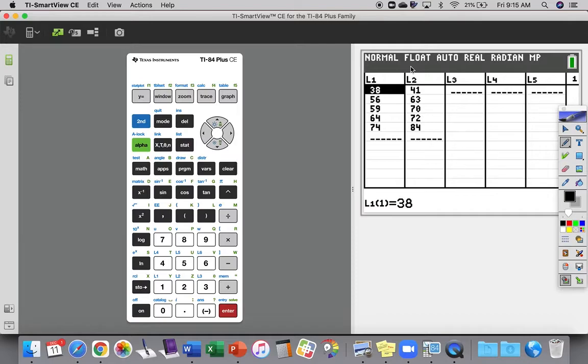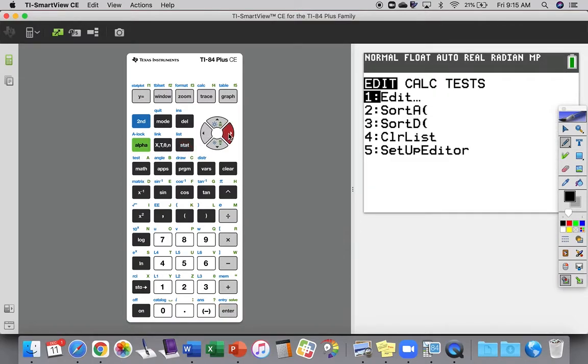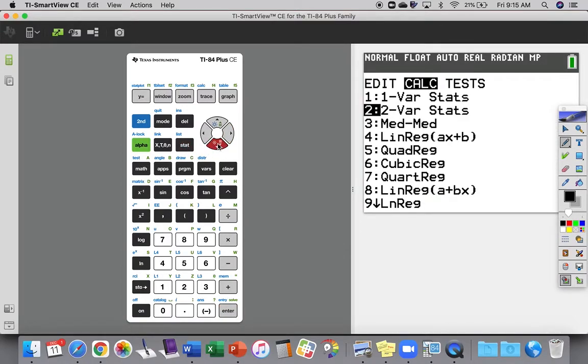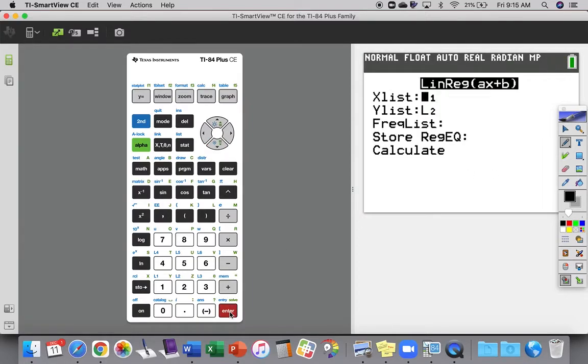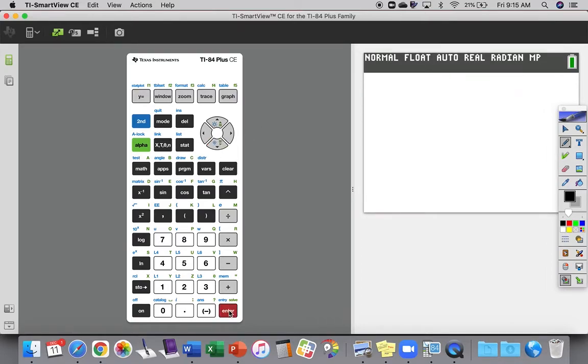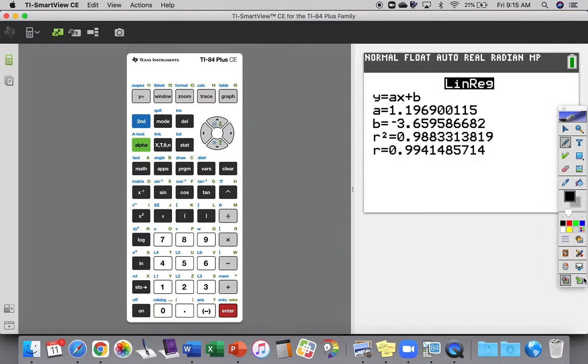We did that last video tutorial and we've done it many times. Now we just go to stat, calc, lin reg, and there's our equation, ax plus b. You press enter, you make sure it's list 1 and list 2, or if your calculator doesn't have it, you just press calculate. And this is where we get our important stuff.